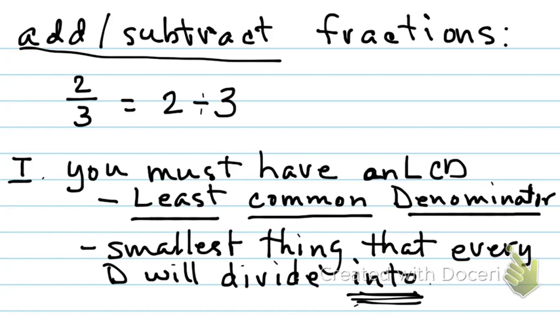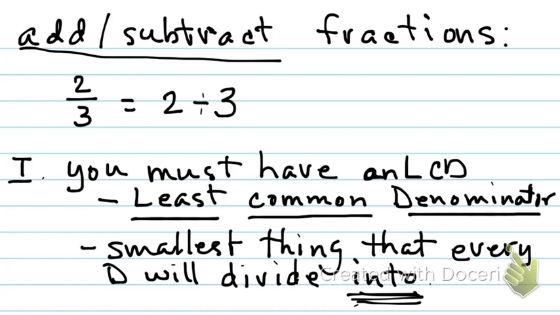Now that's not the smallest number that will divide into it. What's the smallest number that will divide into every number? 1, right? But that's the other way around, right? We're thinking about what these numbers divide into, not what divides into them. So the smallest number that you can possibly use is actually going to be the biggest number you have. Okay? Because you have to have something that they'll all divide into, including the bigger one.